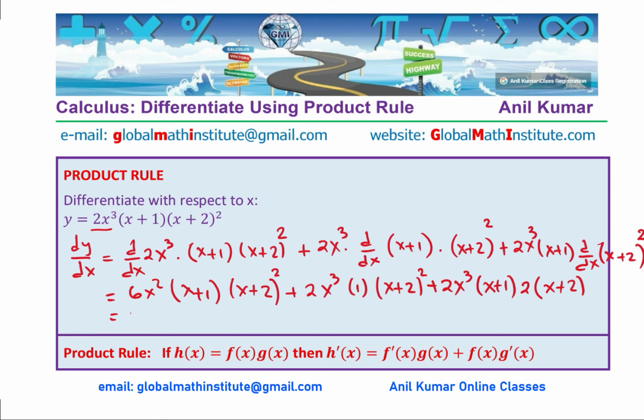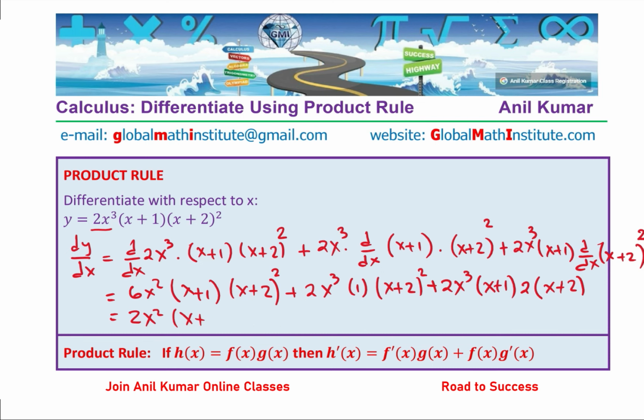The product of all these 3 will be a common factor, right? So you can take 2x squared times x plus 2. x plus 1 is not common here, so don't take x plus 1, right?